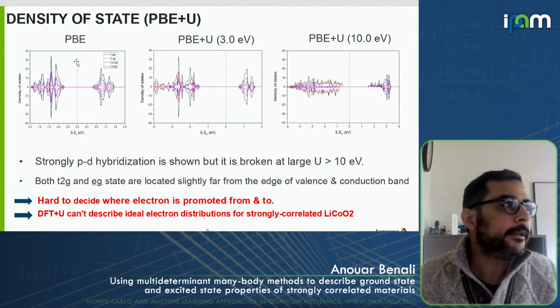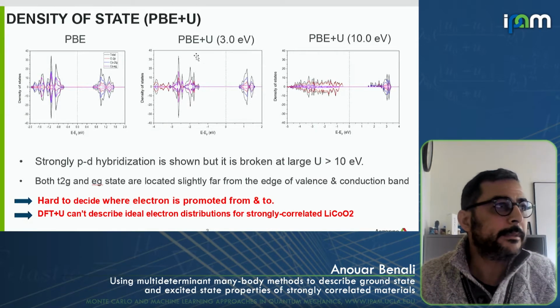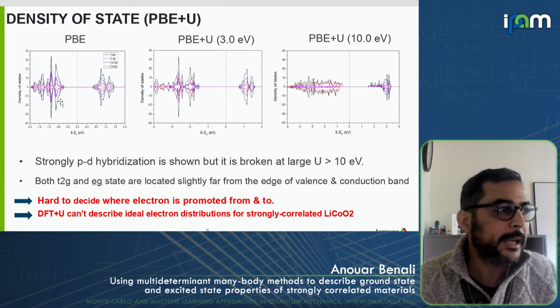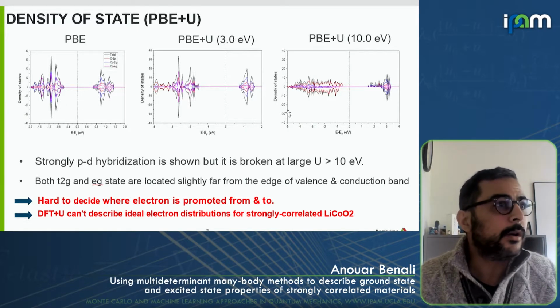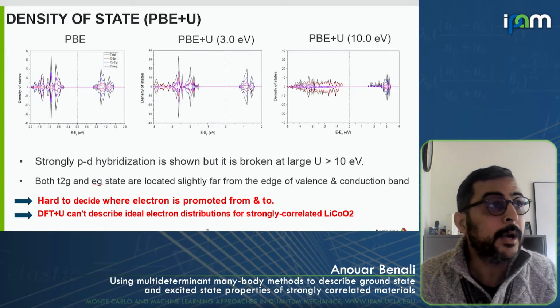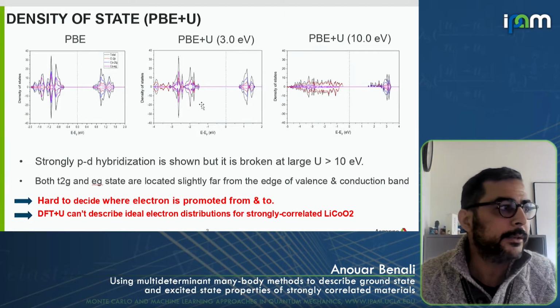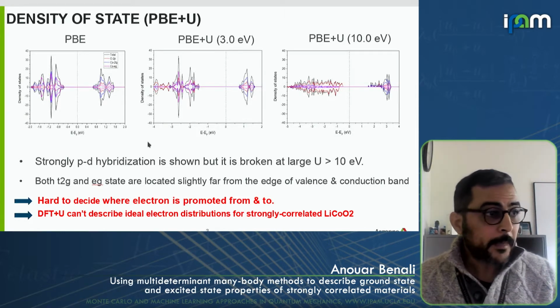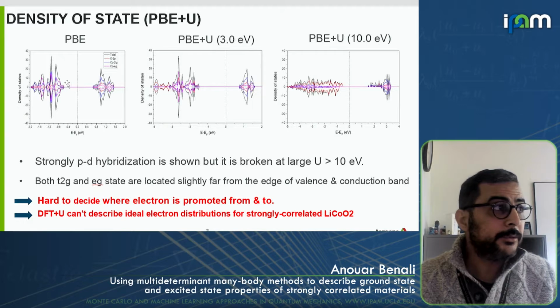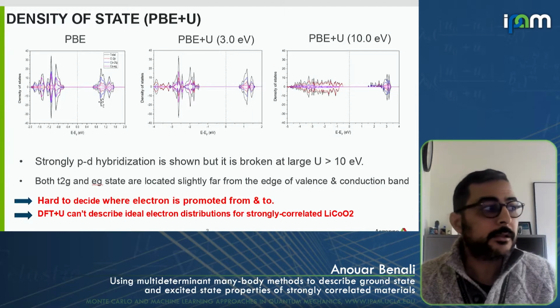But when we look at the projected density of states with PBE+U at different values, we start seeing that there is a strong p-d hybridization for smaller values of U. But the moment we start increasing the value of U, everything becomes a little bit murkier, and the t2g and eg seem to be far from each other, and they are far from the edge of the valence and conduction bands.